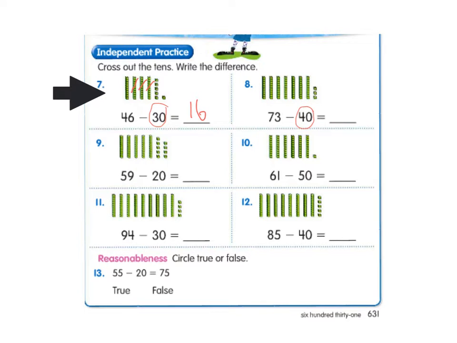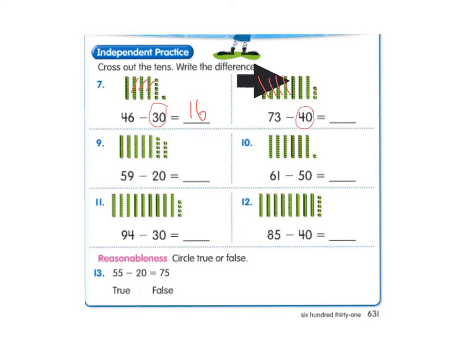Okay? Let's look at number 8. Same thing again. I'm looking at my second number. I already know I have 73 cubes, and now I have 40 to take away, minus 40. 73 minus 40. So I'm going to subtract 10, 20, 30, 40. Okay? I've crossed them out.